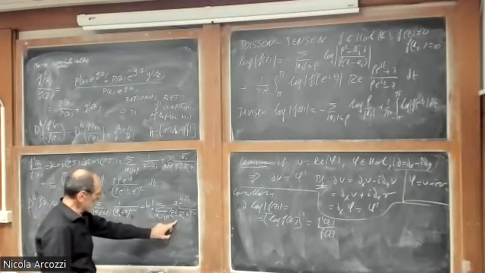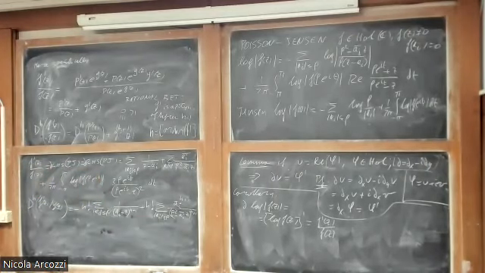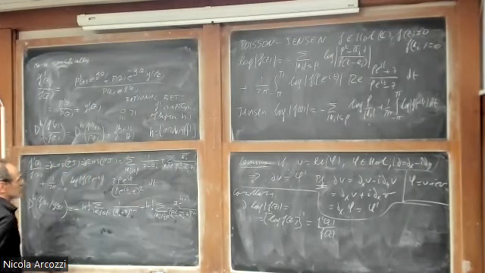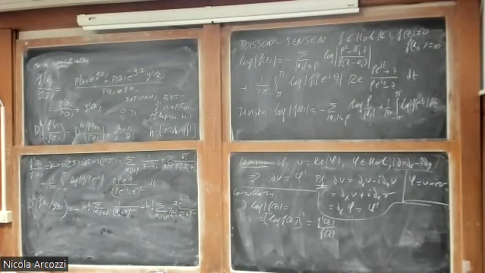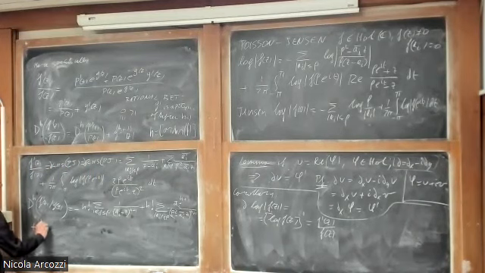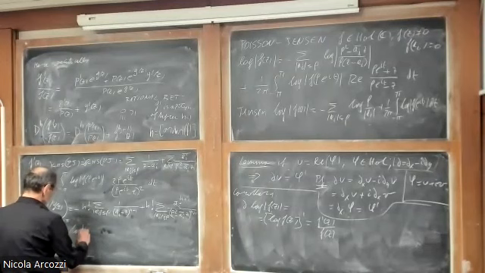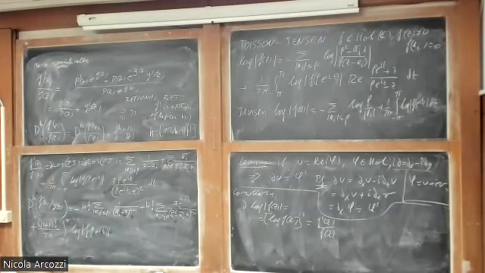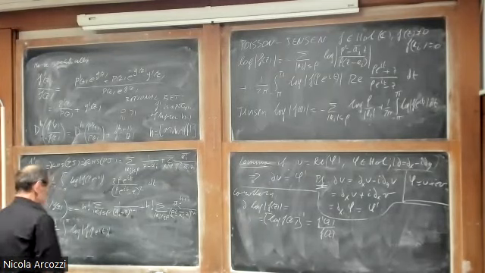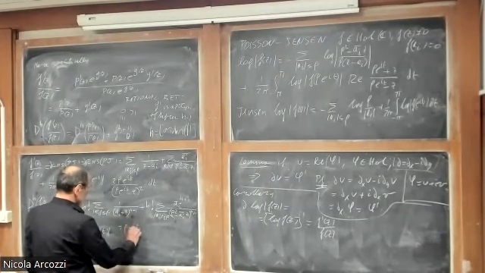And here I do the same. And then I have to take here, I start with a bigger power, and so I get h plus 1 factorial times the integral of that thing times, okay, that's what it is.